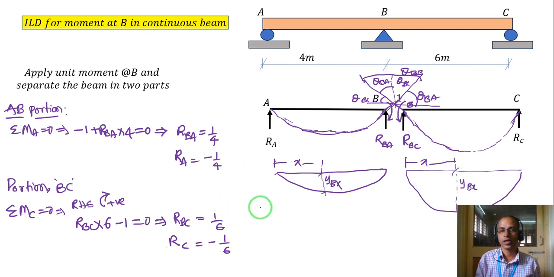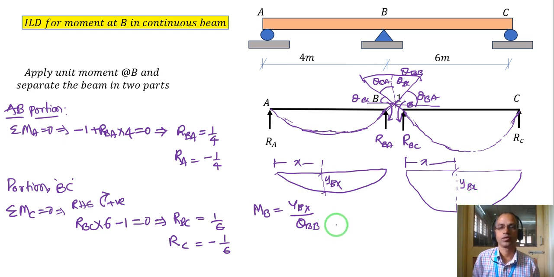Now the ILD coordinate for moment at B for this portion will be YBX by theta BB, and the next portion will be the same, YBX by theta BB, right? This is right for different portions. This YBX will be different. Theta BB remains the same.